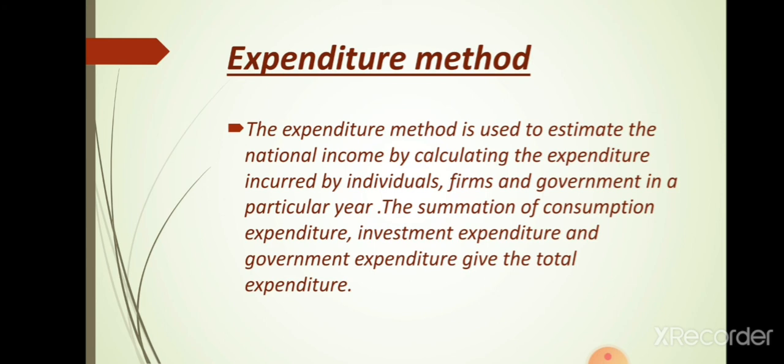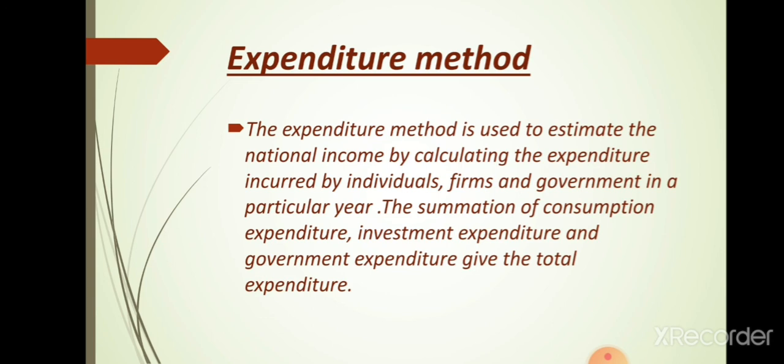Investment expenditure means the investment done by the firms for the production process. Consumption expenditure means the expenditure incurred by individuals for the purchase of goods and services of the country.